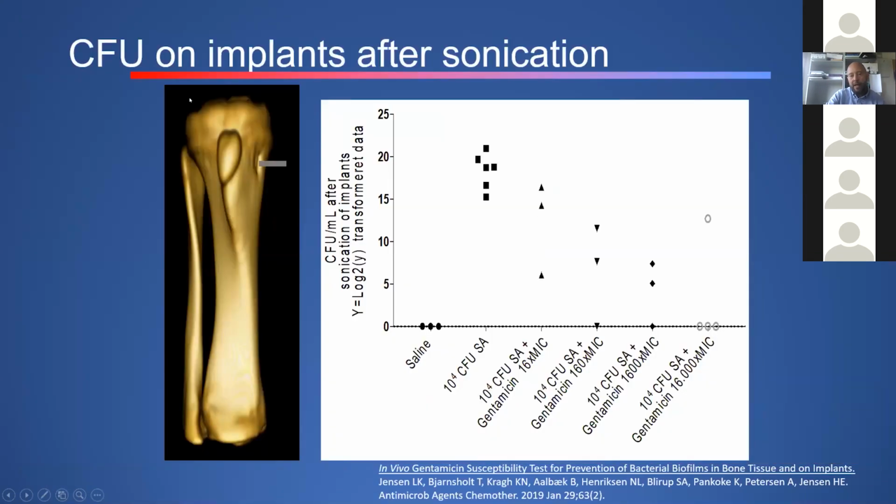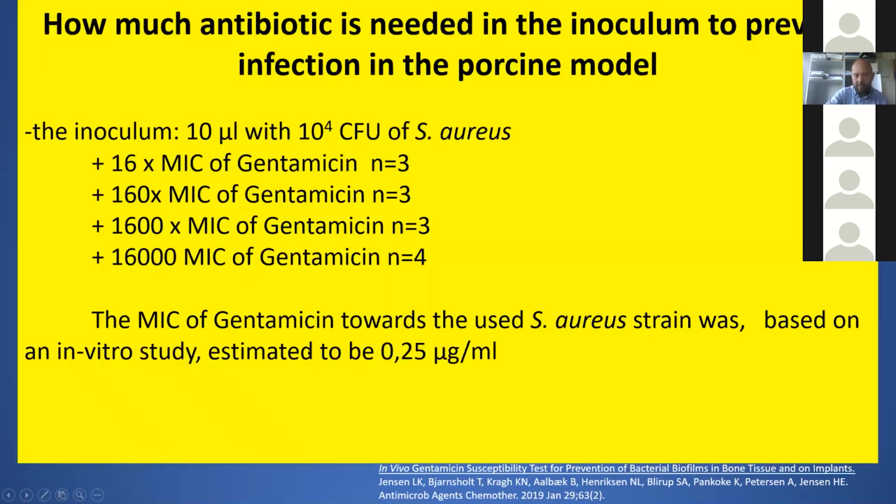But actually, in her implant model, even 16,000 times MIC was only able to eradicate the planktonic bacteria in 3 out of 4 of the pigs. So there was one of the pigs where you could still find bacteria left after some days. So again, the microenvironment of the infections really plays a huge role, and also why you cannot necessarily just model bacterial biofilms in vitro without taking these considerations into play.